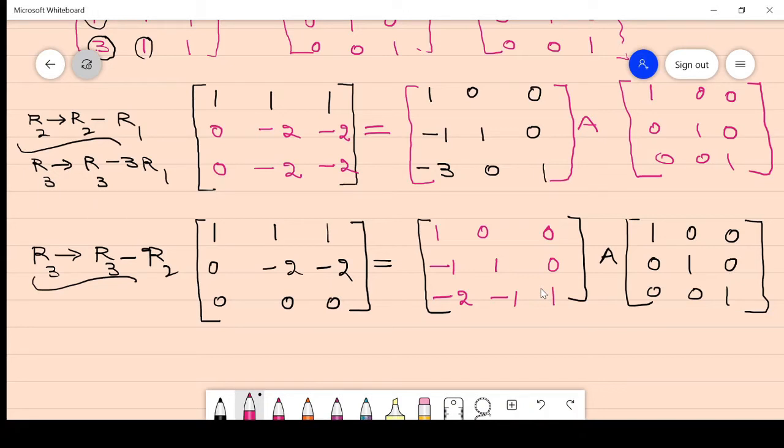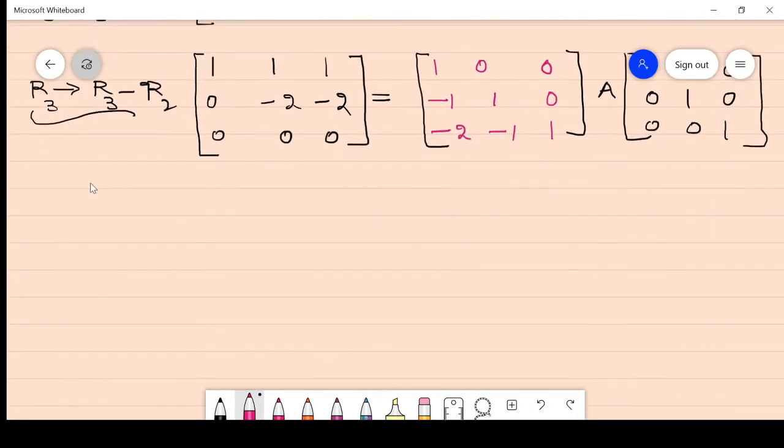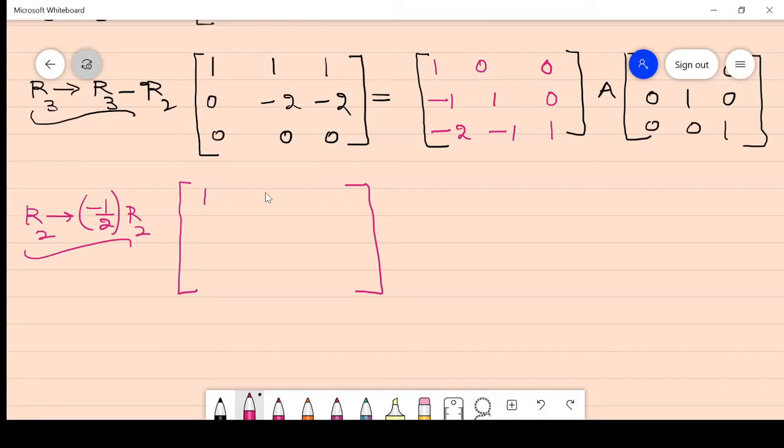After that, in order to make it 1, we again apply a row operation. R2 is converted to -1/2 times R2. So this will become 1, 1, 1; 0, 1, 1; and 0, 0, 0.